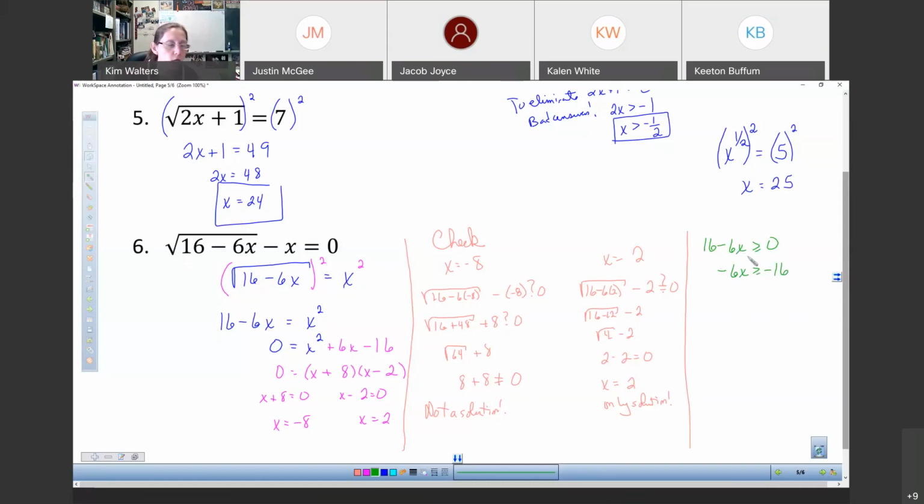If you don't, that's okay. If I subtract 16 from both sides, everything's good. When I divide by this -6, when you divide by a negative, you turn the inequality around. So this becomes x is less than or equal to 16 over 6.